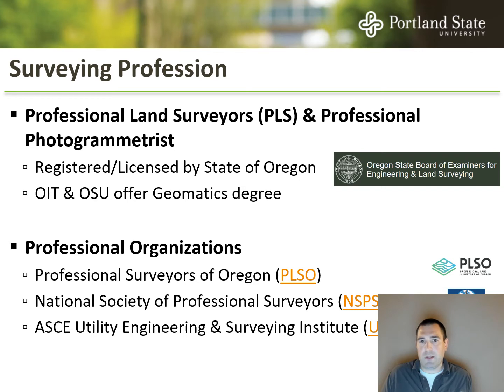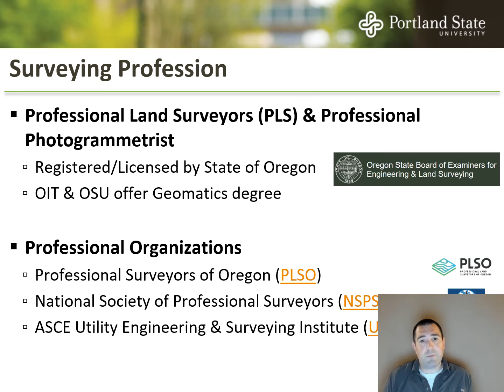It used to be a long time ago that a civil engineering degree was a pretty easy on-ramp to becoming a professional land surveyor. They used to be the same profession for the most part, but with technology advancing the way that it has, it's much more specialized nowadays.